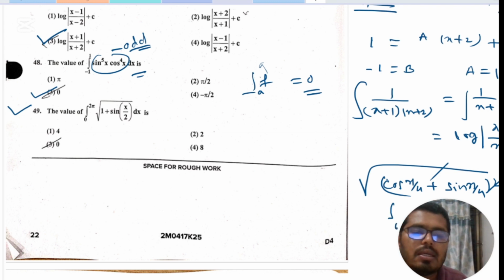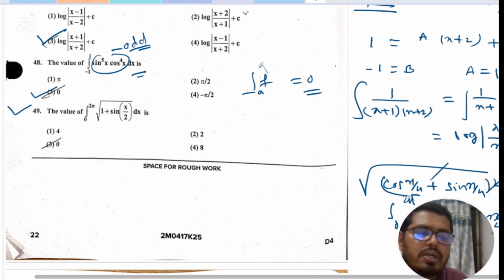Here we get the integral from 0 to 2 pi of cos x by 4 plus sine x by 4 dx.